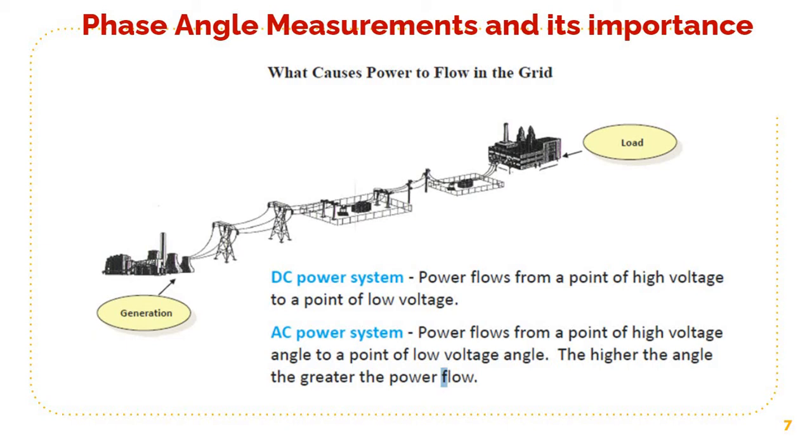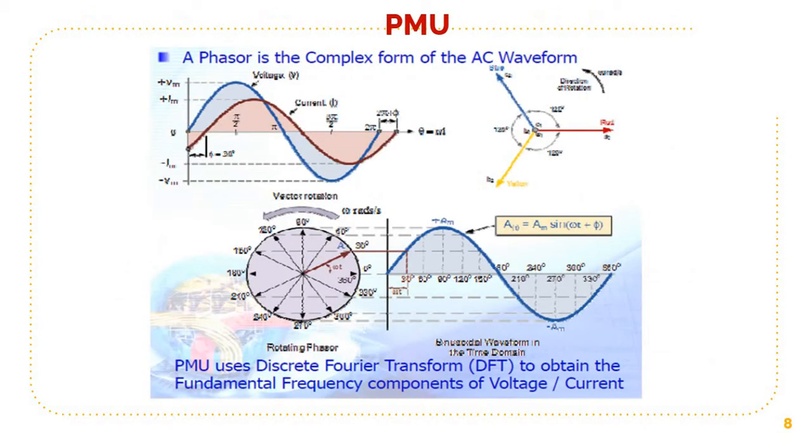But in an AC power system, power flows from a point of high voltage angle to a point of low voltage angle. The higher the angle, the greater the power flow. So this is important.